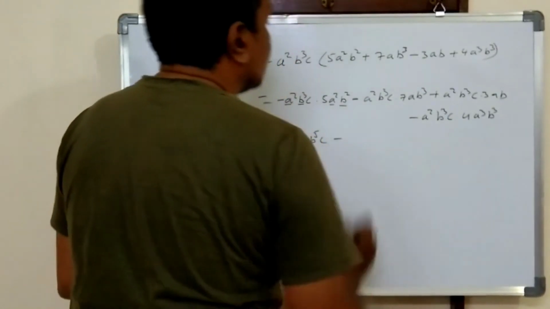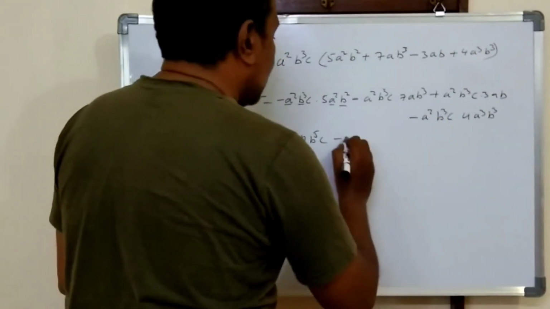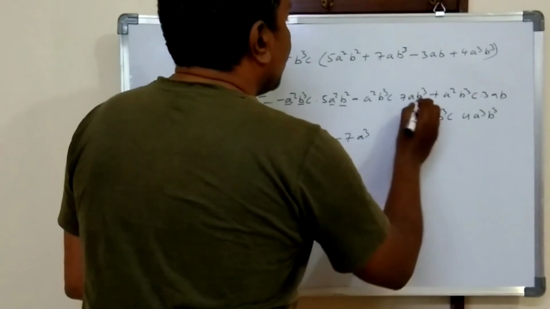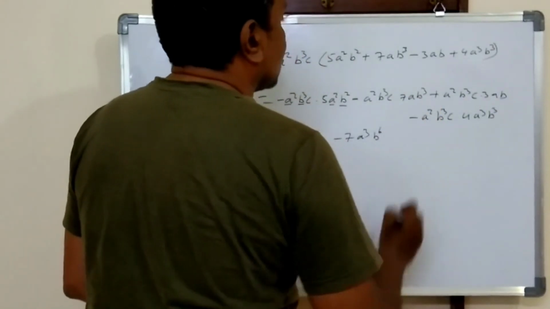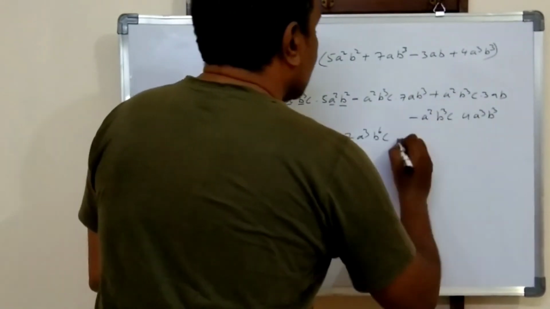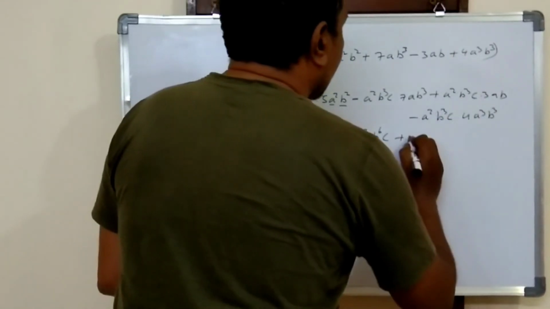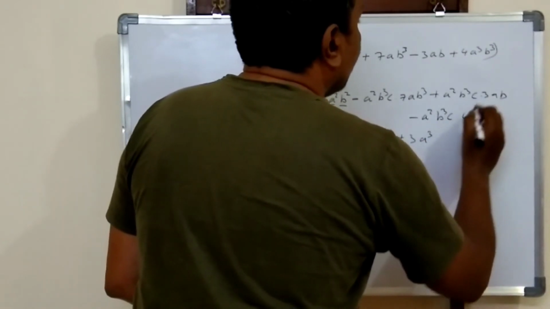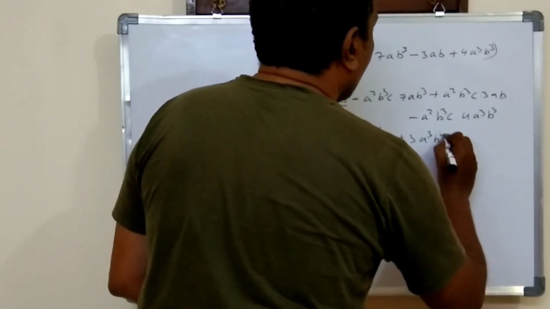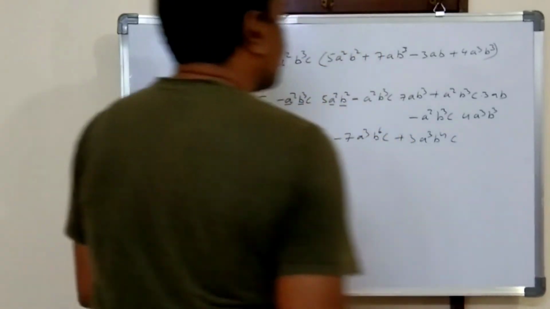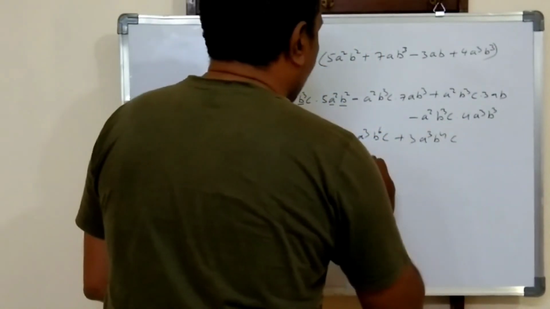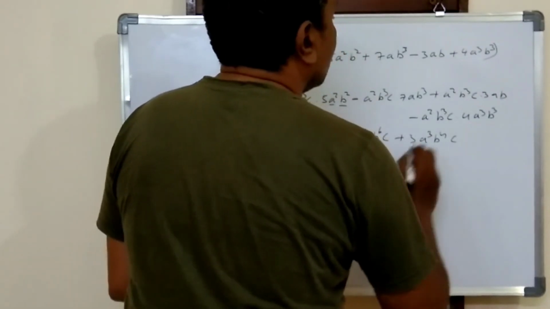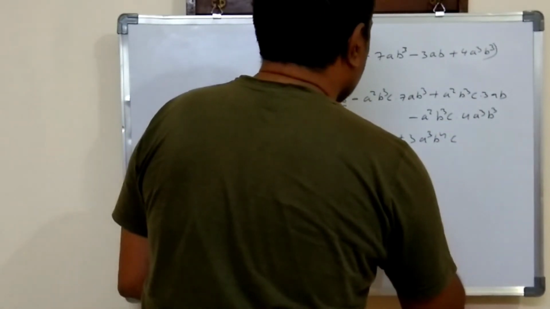Again minus, here also 1 into 7, 7. a square into a cube, b cube into b cube, b power 6, c. Plus 3, a square into a cube, b cube into b power 4, c. Minus 4, a square into a cube, a power 5, b cube into b cube, b power 6, c.